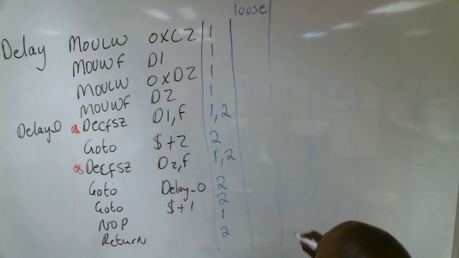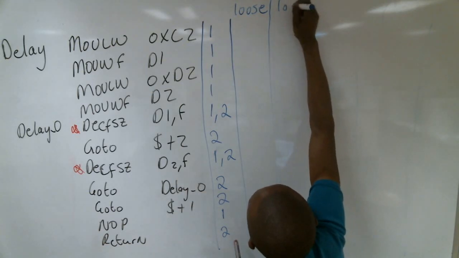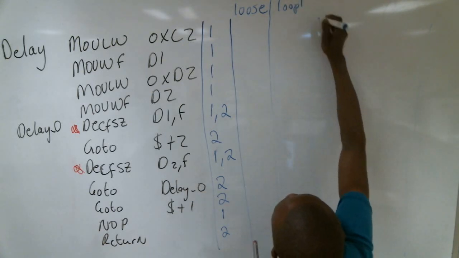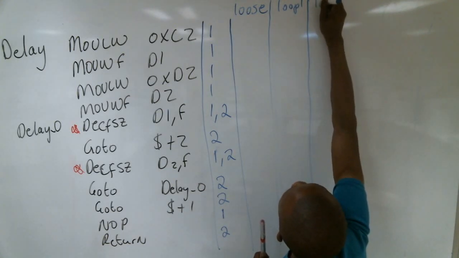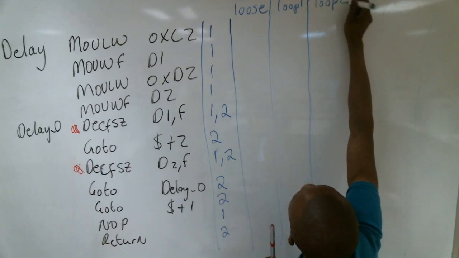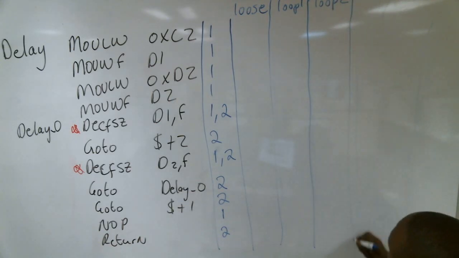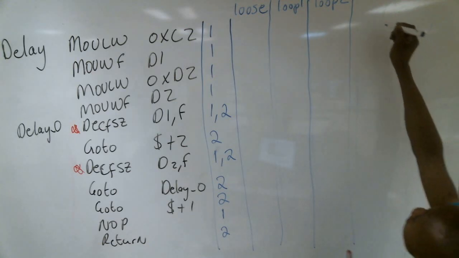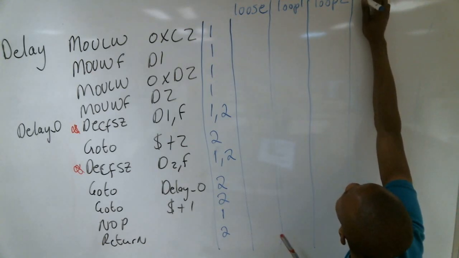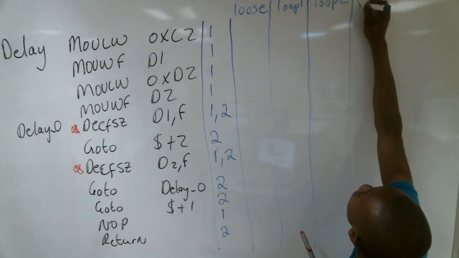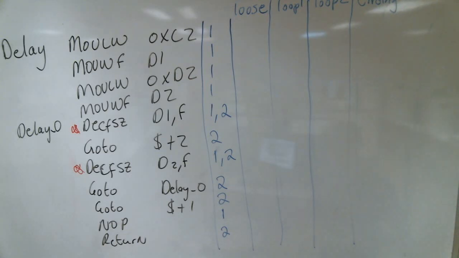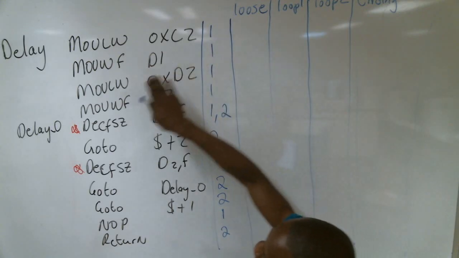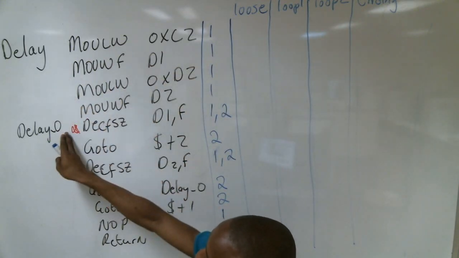Then I'll have loop number 1, and then I'll have loop number 2, and then after that I'm going to have something else, loose ends. So this is the ending one.